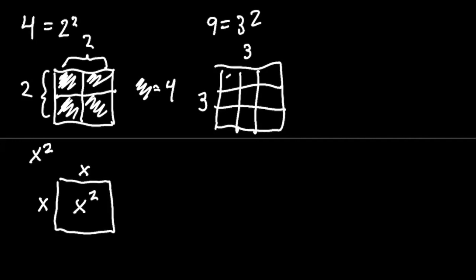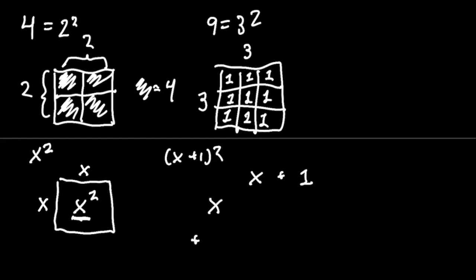So notice here, the number that we have inside of each of these is 1. We have 1 unit of area in each of these. Down here, our amount of area is x squared area. So we're just calling this square, or this shape, x squared. If we had x plus 1 squared, well, we have x plus 1 on the top, and then x plus 1 on the bottom.